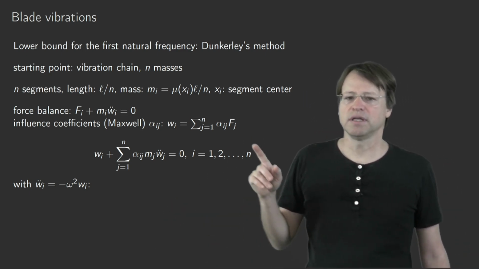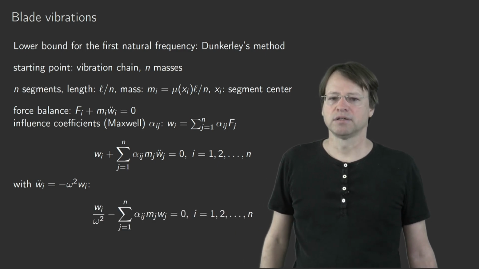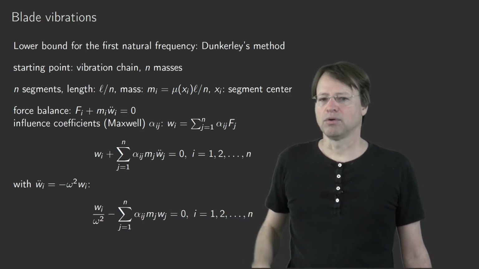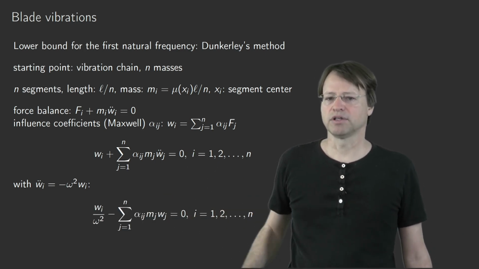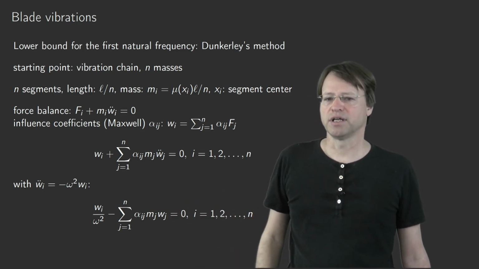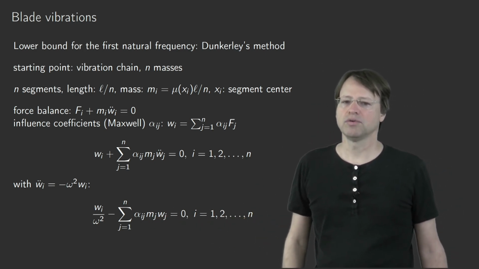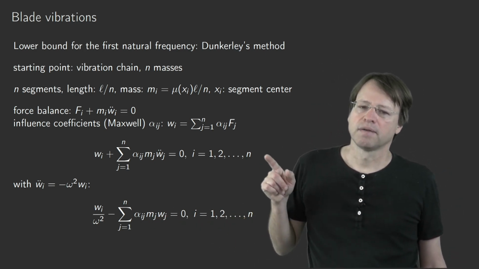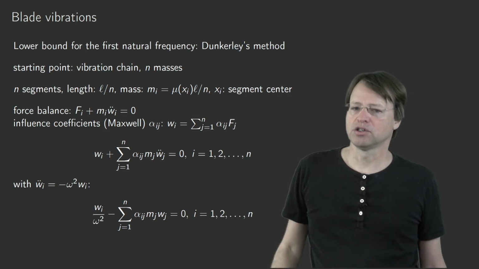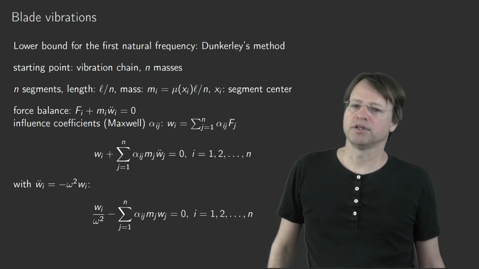We insert this relationship here and we get W sub i equal to 1 divided by omega squared, the sum from 1 to n of alpha ij m sub j W sub j. This is an equation for the amplitudes W sub i and W sub j.